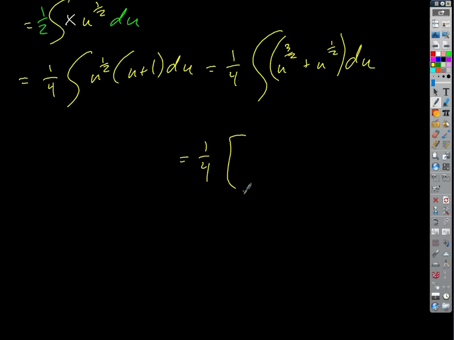But dividing by 5/2 is just multiplying by 2/5, right? Plus, how about this one? u to the 1/2 must be u to the, what's 1/2 plus 1? 3/2. u to the 3/2 over 3/2, which is times 2/3.